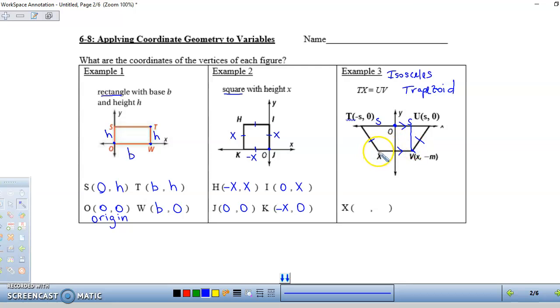To figure out X, remember an isosceles trapezoid is symmetric. So this coordinate going across x and down m should be equivalent on the left side. So I'm still going to go across x and down m. Now you just have to be careful with your signs. If I go across x and down m, I'm going left x and then down m. So the coordinate for this guy right here should be negative x, negative m.